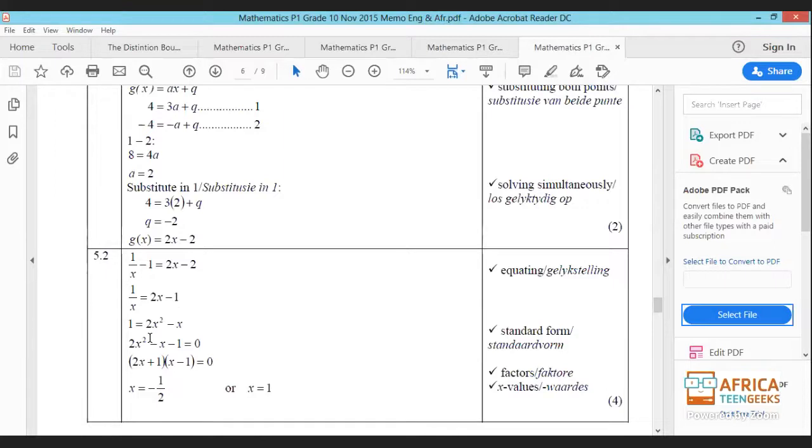Once you have done your algebra, you'll be left with 2x squared minus x minus 1 is equal to 0. Then you factorize. Therefore, you're going to have x is equal to -1 over 2, or x is equal to 1. Basically, these are the values of x. Here you were solving for x. Does it make sense, boys and girls? I hope everyone is following.